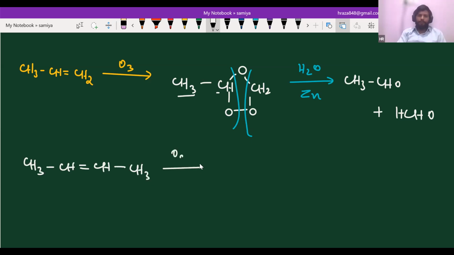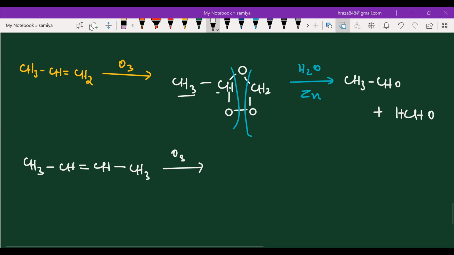Can you do the ozonolysis of this? So by the same method, right?